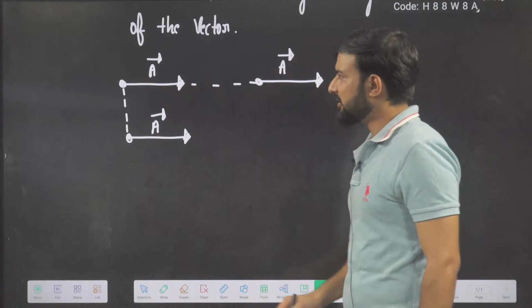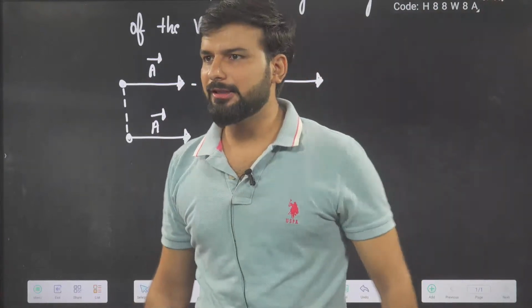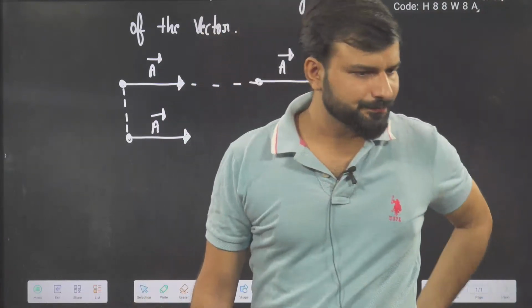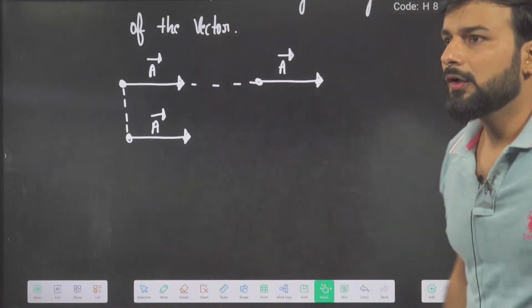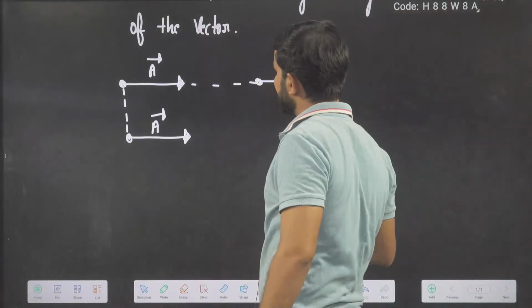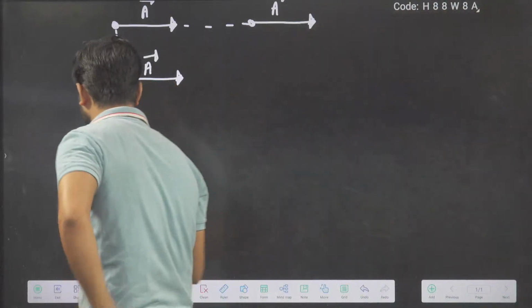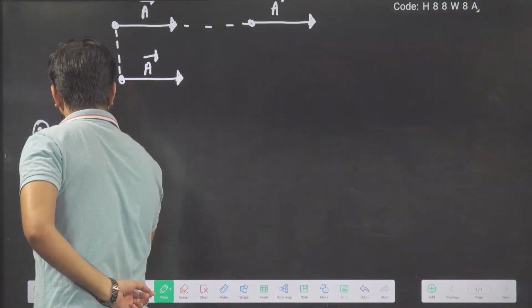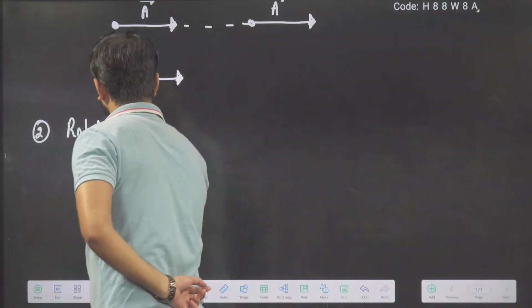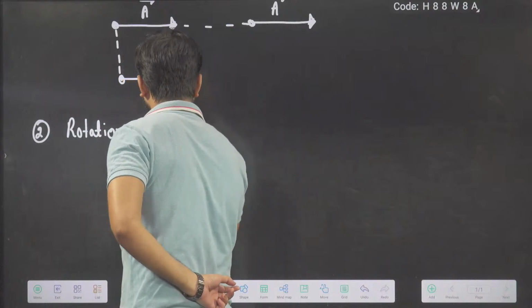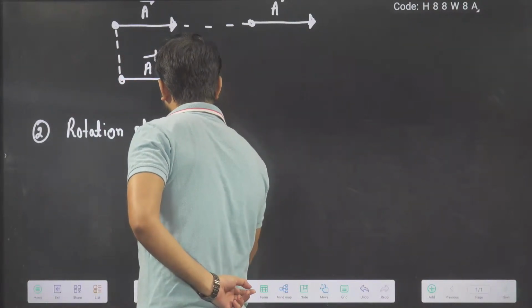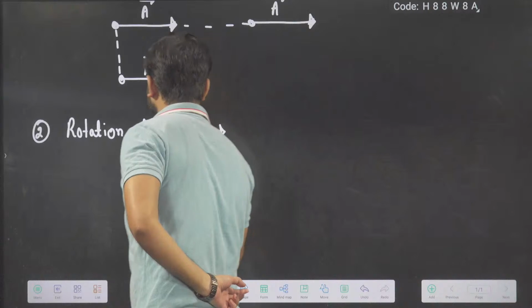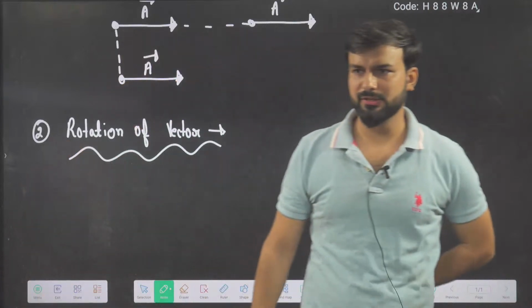The next property of vector we are having is the rotation of a vector. Rotation of a vector. What do you think? If I rotate a vector, what is the thing that will change upon rotation?